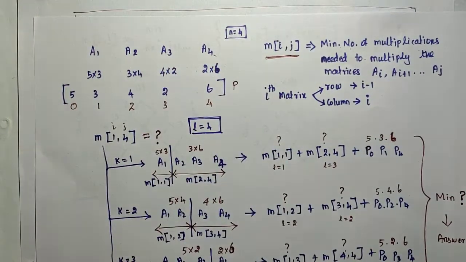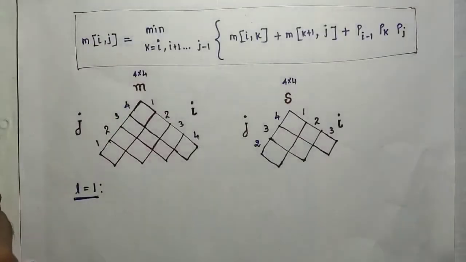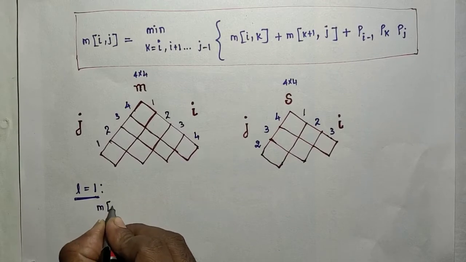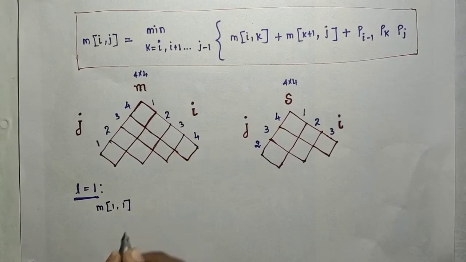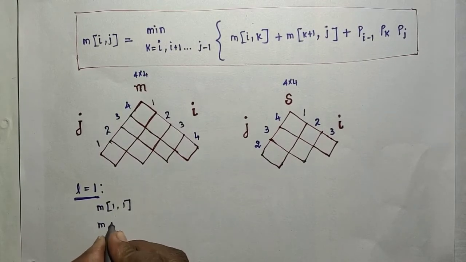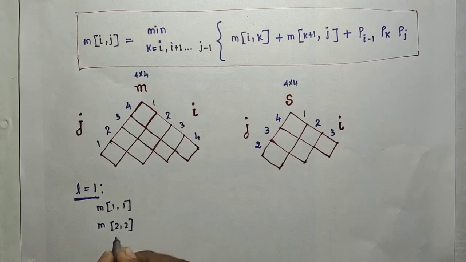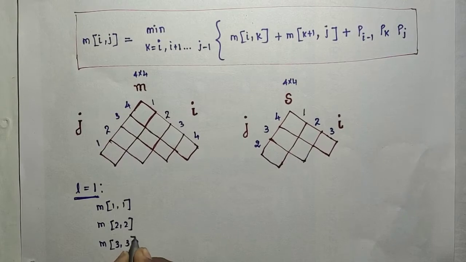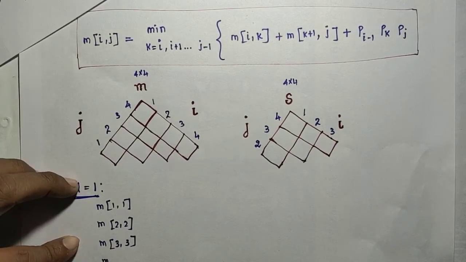So we need to find M of 1 comma 1, M of 2 to 2, M of 3 to 3, and M of 4 to 4.